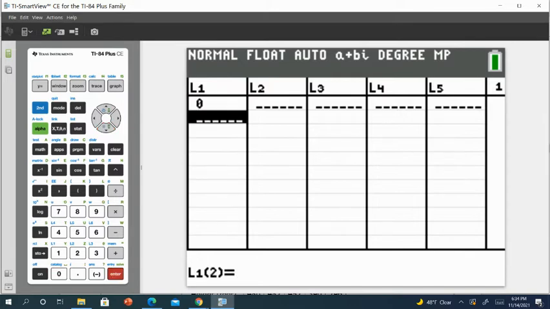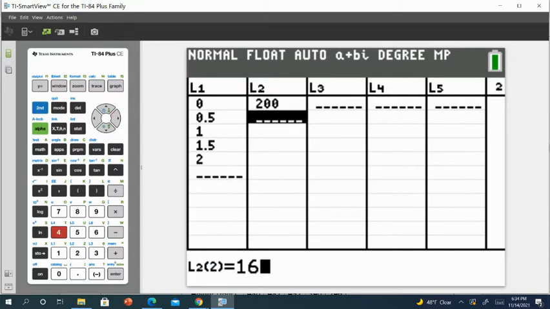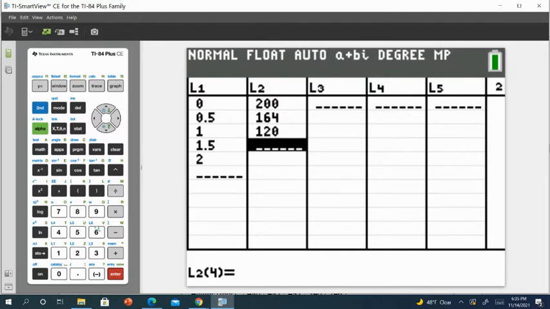So I'm going to put my X's in: 0, 0.5, 1, 1.5, and 2. Arrow over for the Y: 200, 164, 120, 68, and 8.